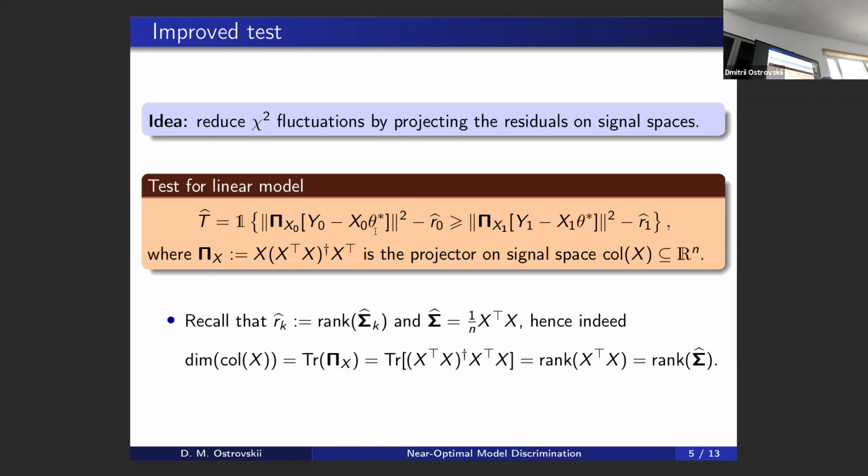we project, for example, here psi 0 on the subspace spanned by the columns of this matrix, but its dimension is actually the empirical covariance rank with probability 1 conditionally on the x. So this testing procedure should be thought of as something conditional on x0 and x1, with Gaussian noise because of the well-specified model.